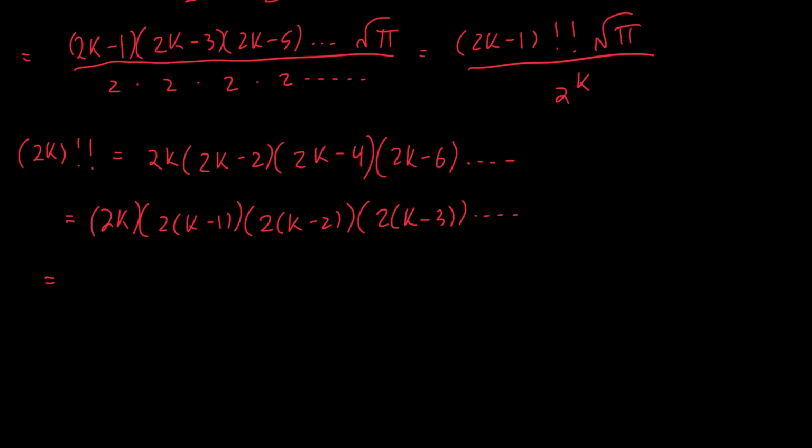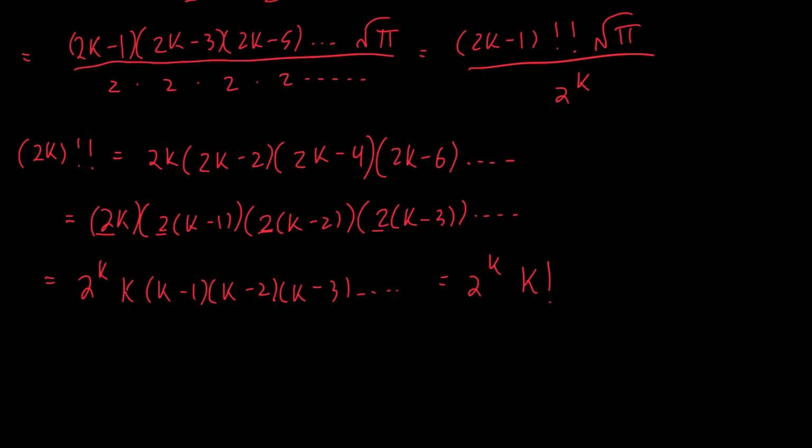So we're going to have a 2 times 2 times 2 times 2, so we're multiplying by k times. We're going to have a 2 to the k, and then a k times k minus 1 times k minus 2, k minus 3, dot, dot, dot. But this is just 2 to the k times k factorial.